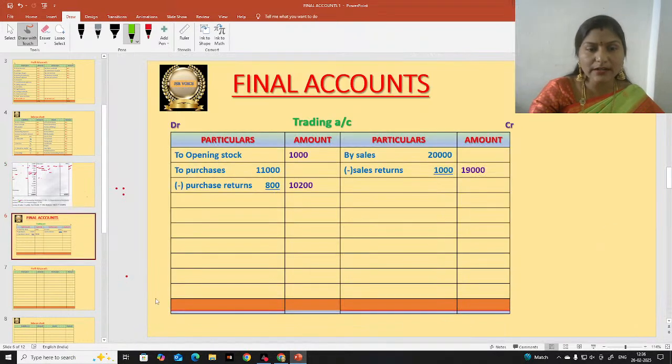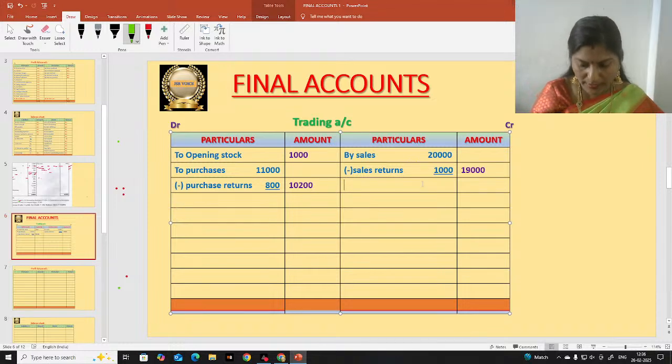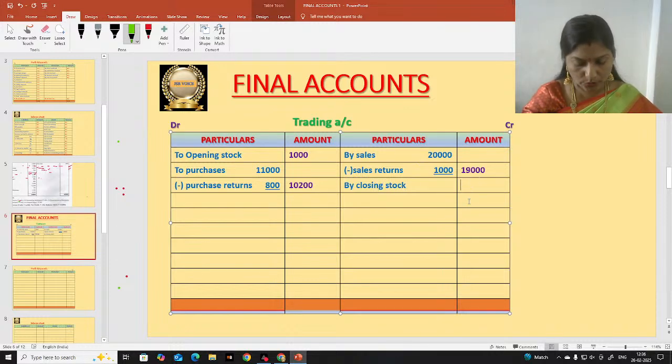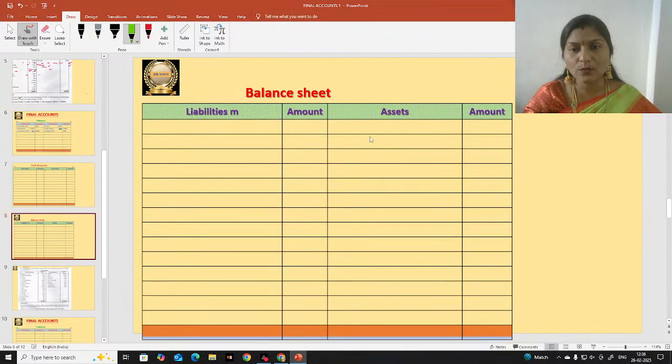First we will record in the trading account on the credit side, by closing stock 2,100. And the second time we record in the balance sheet, on the asset side.